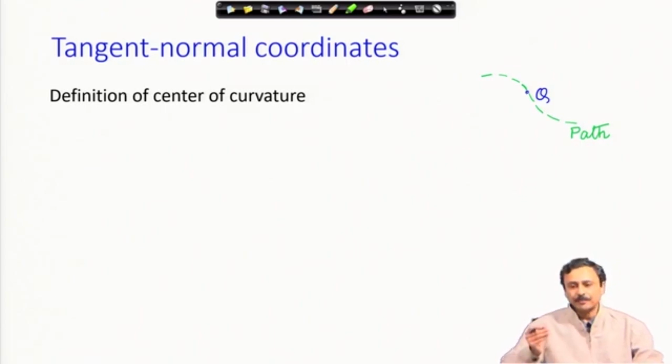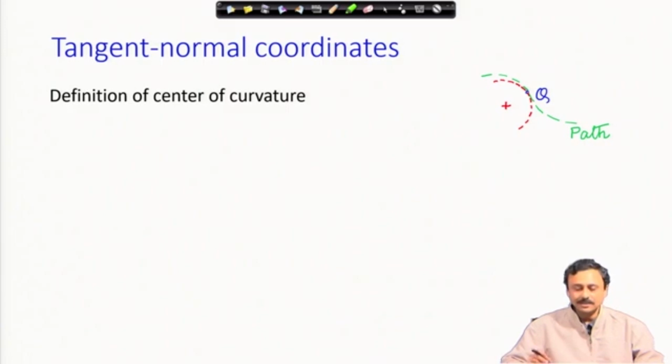You know that I can consider three infinitesimally separated points on this path, and 3 points uniquely define a circle, and the center of the circle defines the center of curvature of the path at that point where I have taken these 3 infinitesimally separated points. Suppose I have done that and found the center of curvature at the point where the particle currently is.